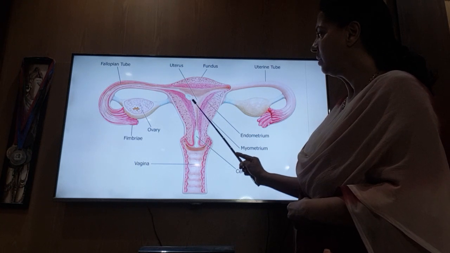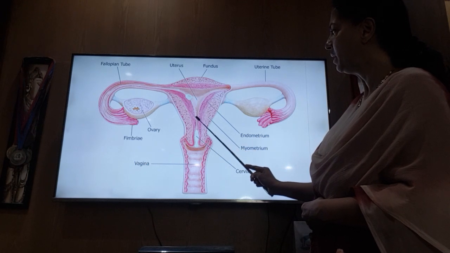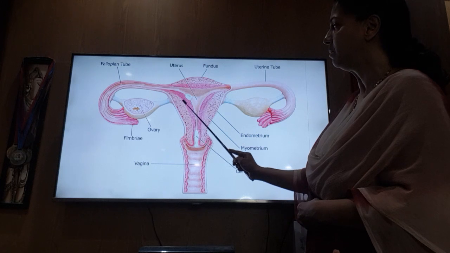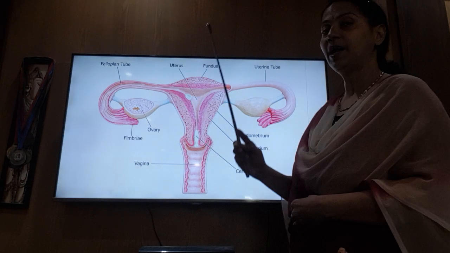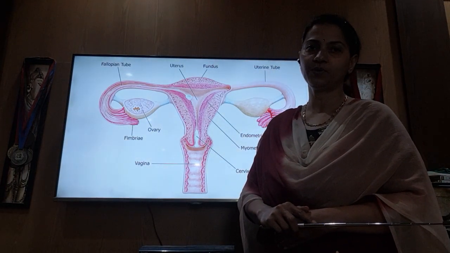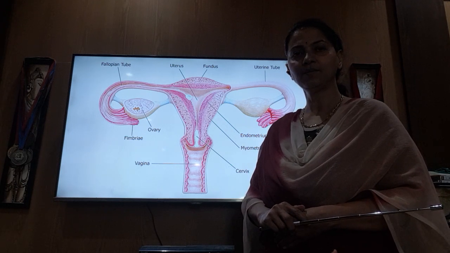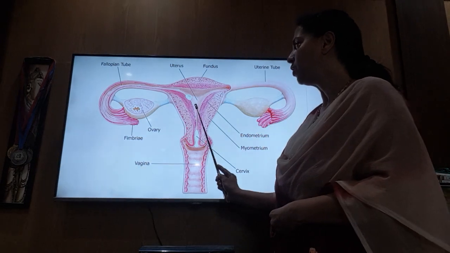And you can see this is the cut section, and this is the myometrium, made up of muscles, and this is the endometrium. The endometrium is under the influence of hormones, so it has two phases. One is the proliferative phase, means it is going to proliferate.